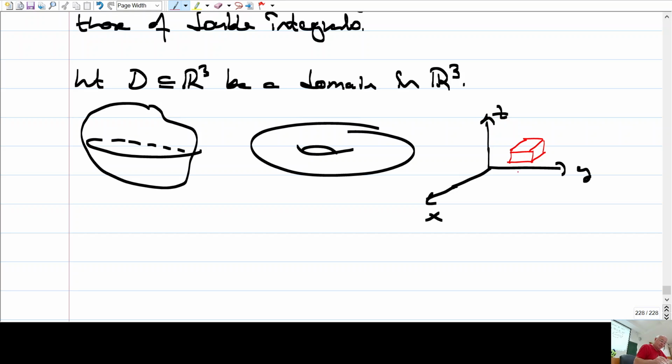Something like this. Okay, so this is dx, this is dz, and this is dy. And dv, which is dx dy dz, is called the volume element.